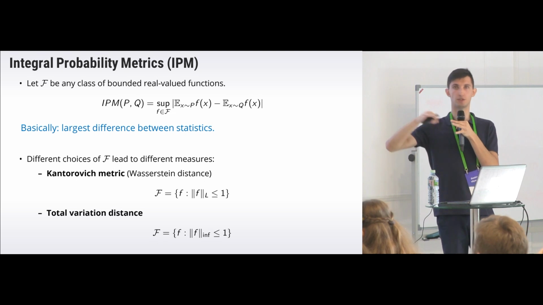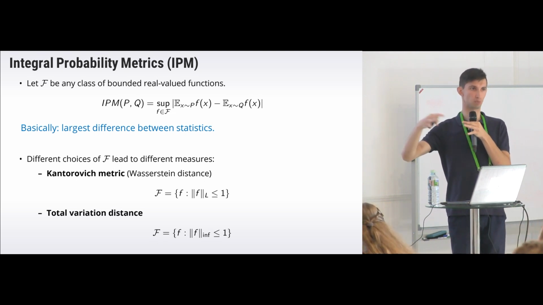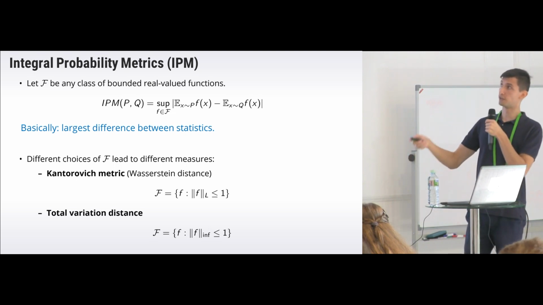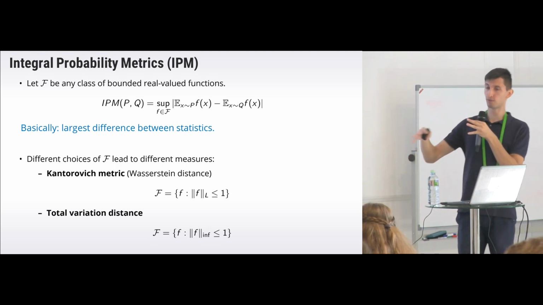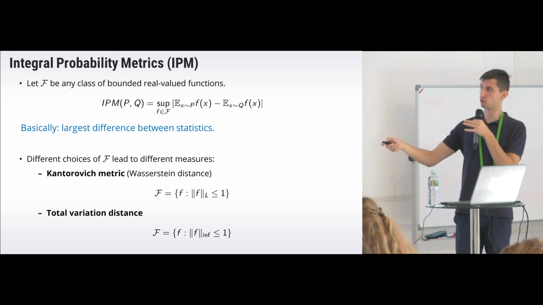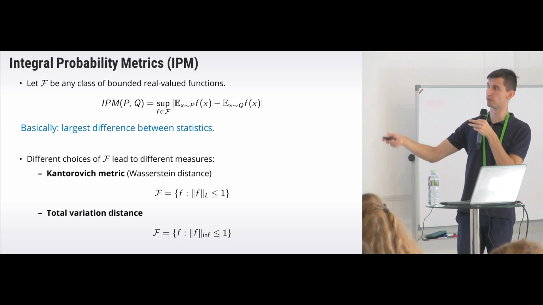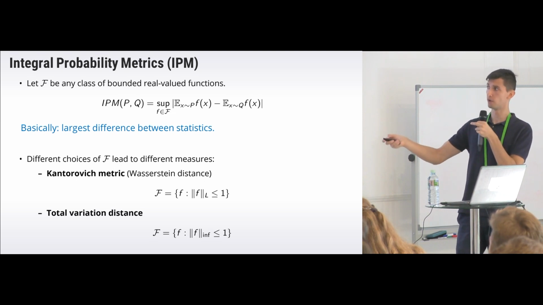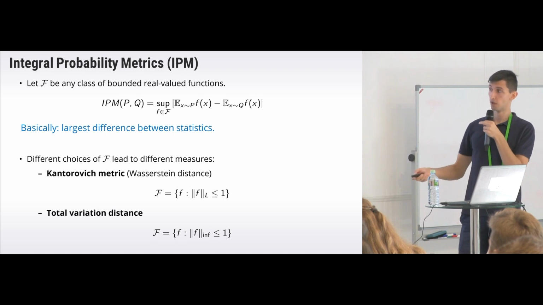For some families, it's not a proper distance because it will not satisfy the properties of a distance. And for some families, it is a distance. For example, if you choose your family to be all the Lipschitz functions with Lipschitz constant less or equal than 1, then it will be a Kantorovich metric or Wasserstein distance.